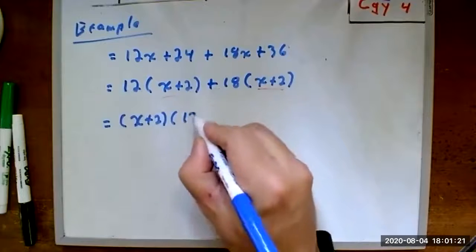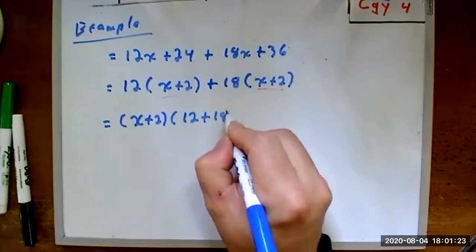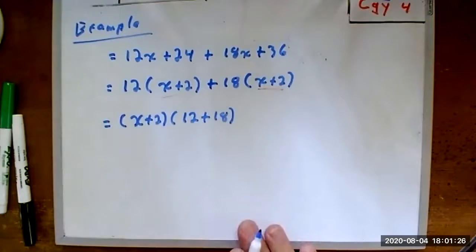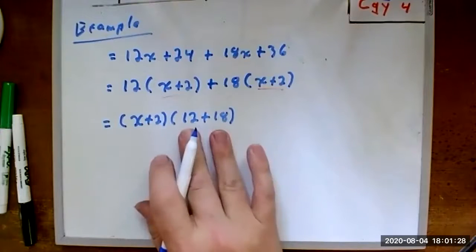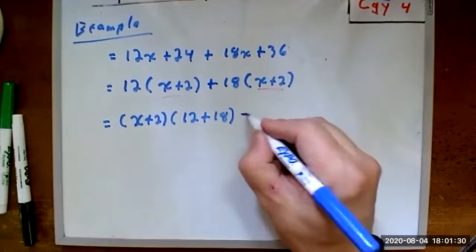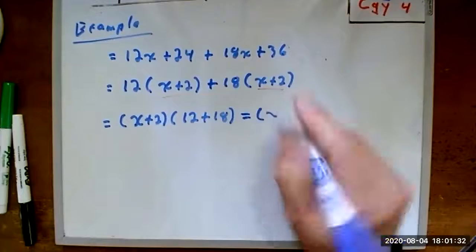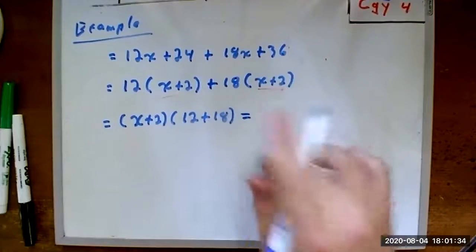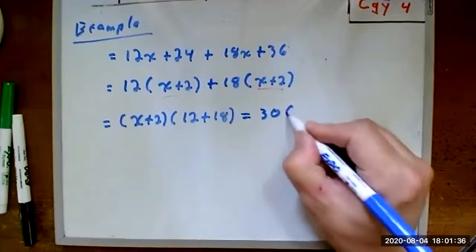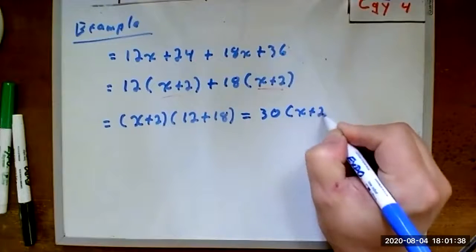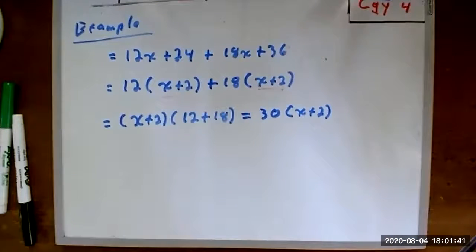This becomes my common term that I can pull out, so I do. And that leaves me with 12 plus 18 in my other bracket. These actually go together, so I go ahead and do that. And when I add 12 plus 18, I end up with 30.